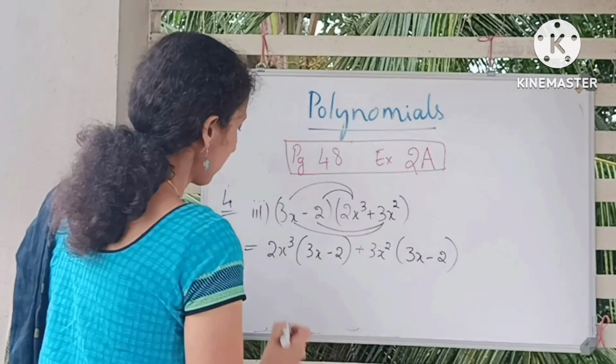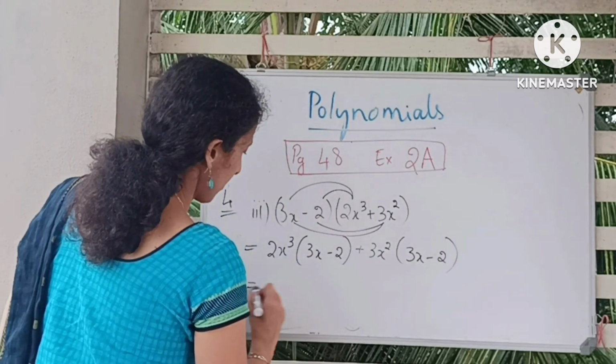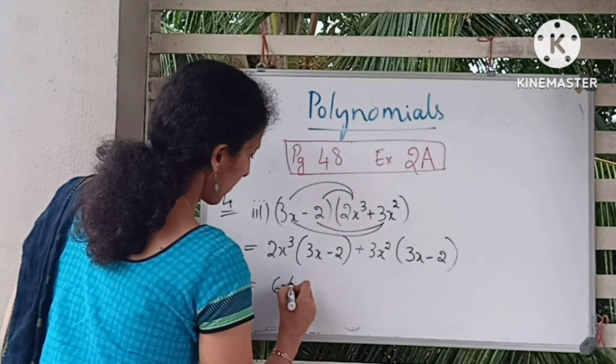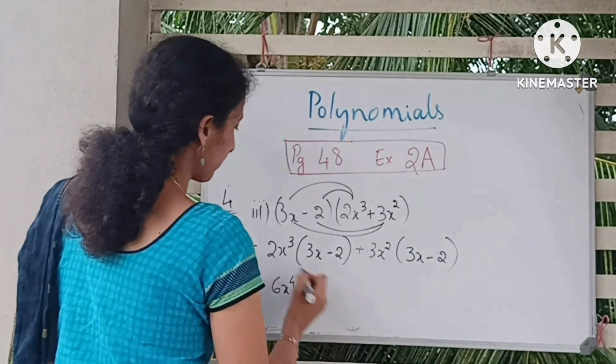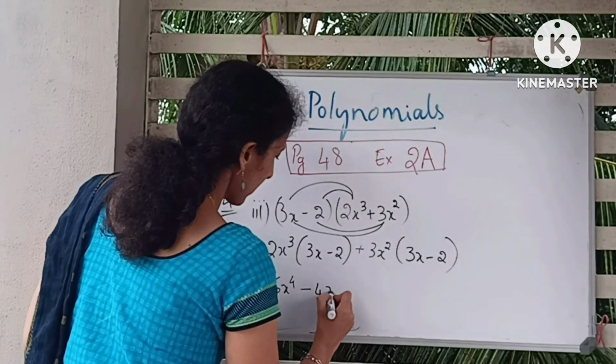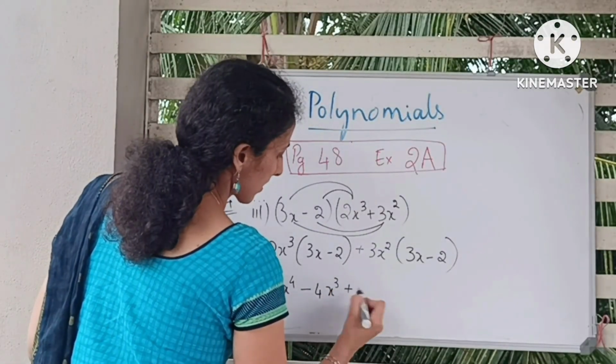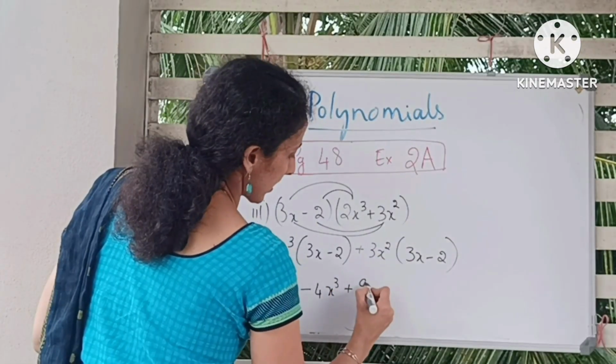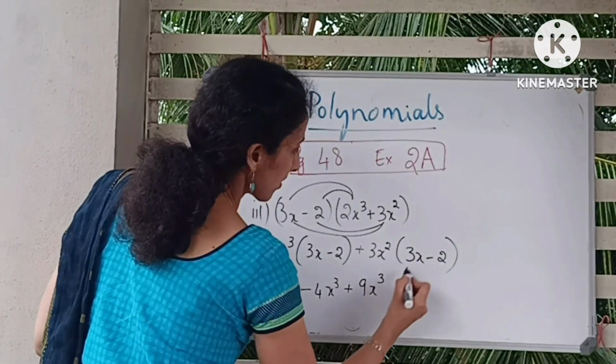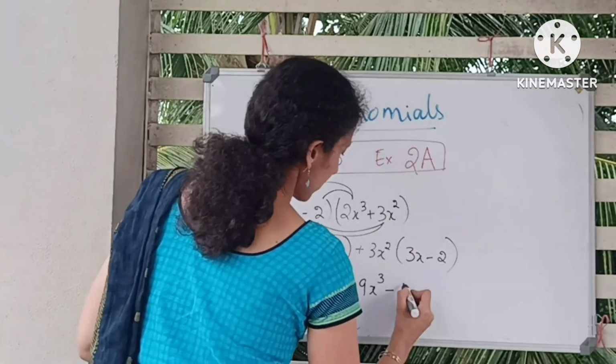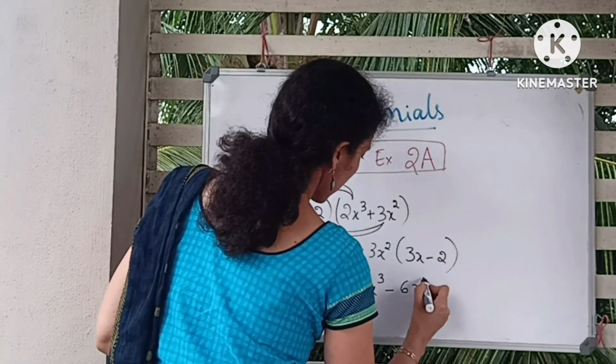So this is 6x to the power 4 minus 4x cube plus 9x cube minus 6x square.